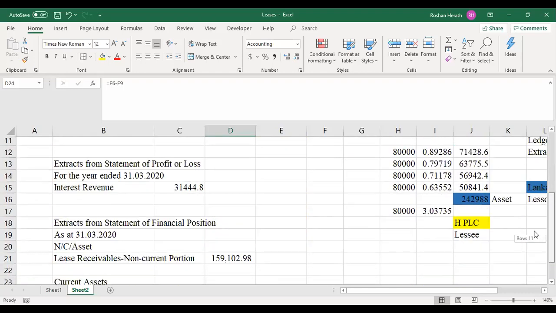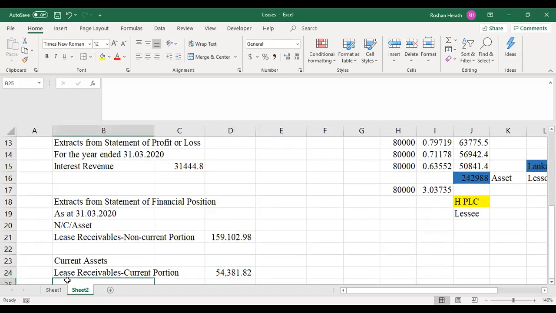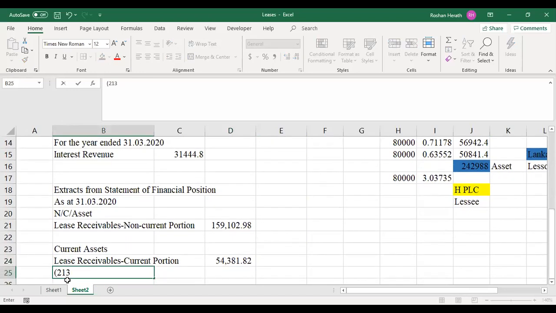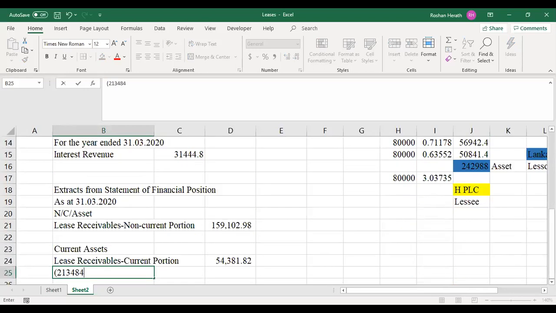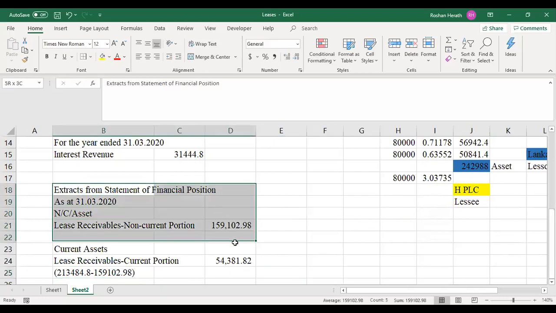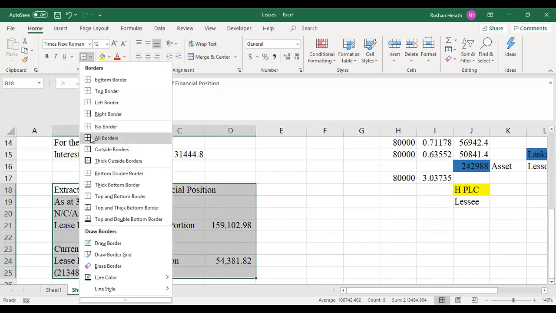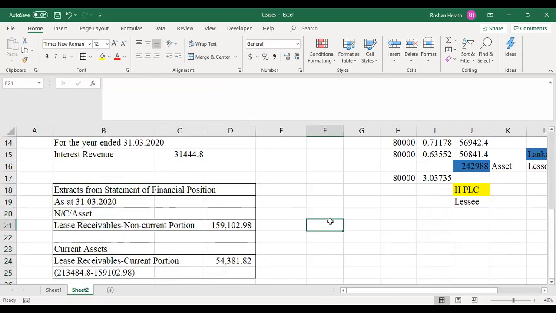It's 213,484.80 minus 159,102.98. That's how we get the lease receivable. So this is how we have to show lease receivables.